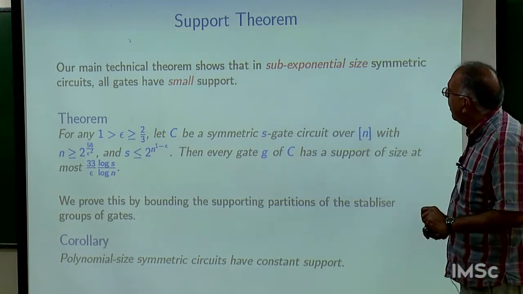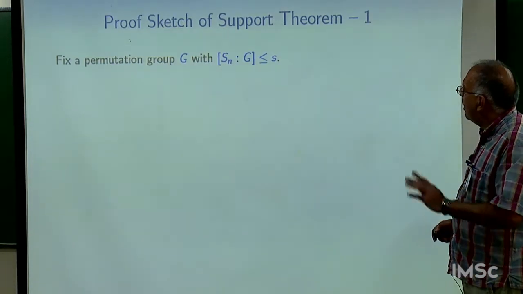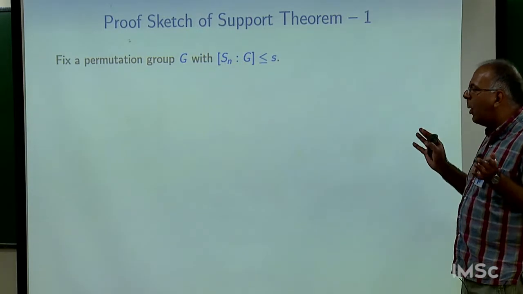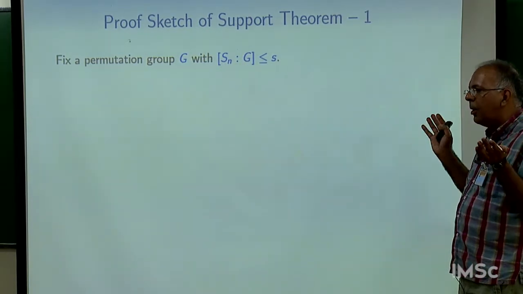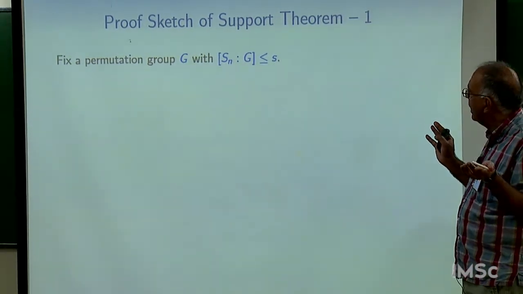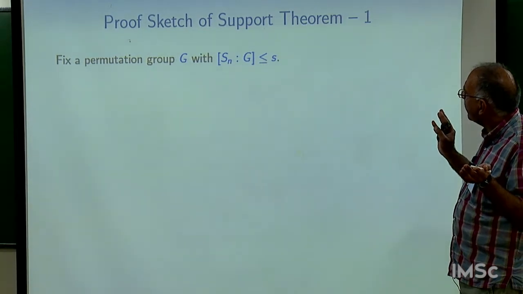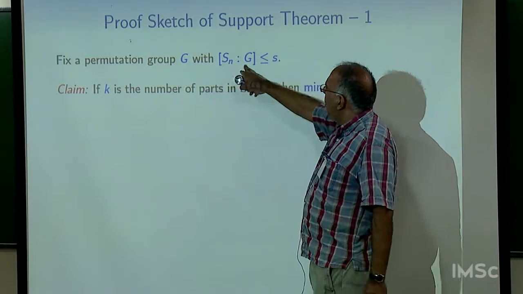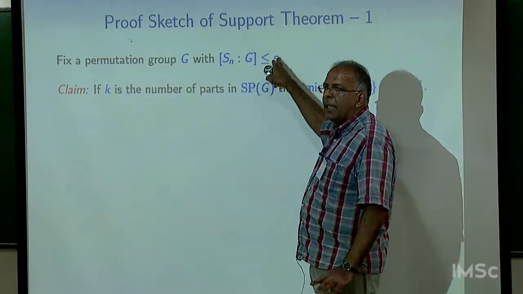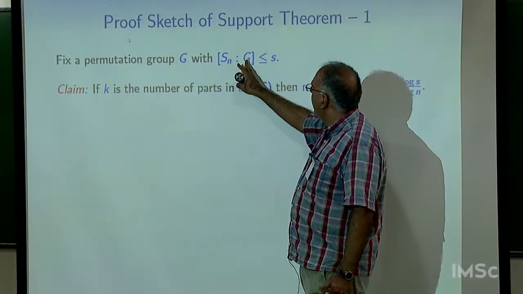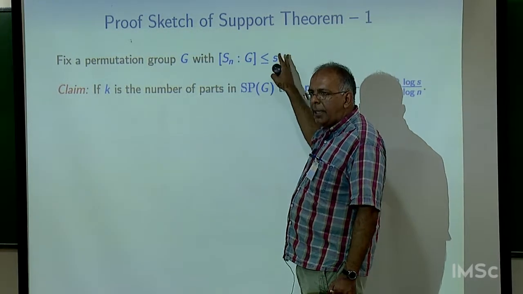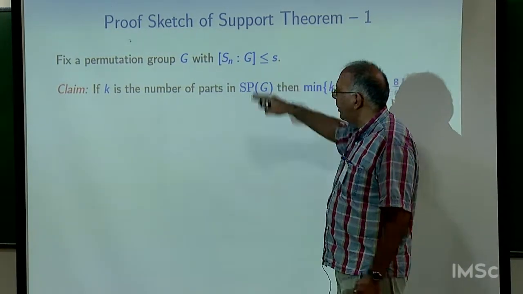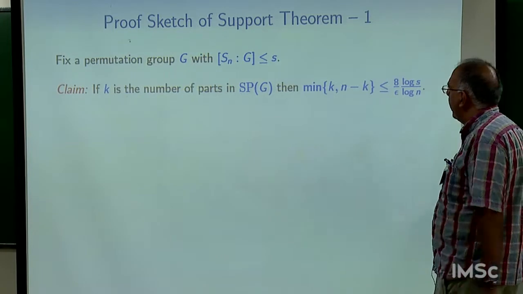Proof of the support theorem, I'll give you a quick sketch. As I said, it's mainly the combinatorics of permutation groups. There are 3 parts to it. We fix a permutation group whose index in the symmetric group is bounded by S, which, if this is the stabilizer group of a gate, is bounded by the size of the orbit of the gate, and therefore by the size of the circuit.